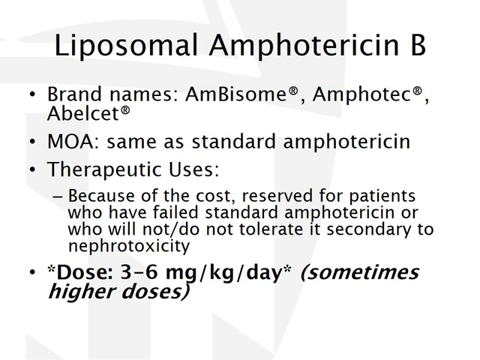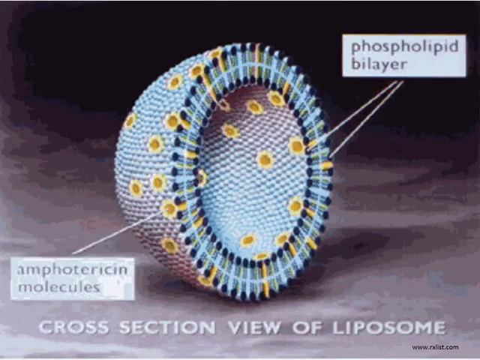So for those patients, they might just get the liposomal form from the get-go. As I mentioned, the dose is higher. The typical dose range is 3 to 6 milligrams per kilo per day. However, sometimes higher doses are used. But for our purposes, definitely know that the dose range is 3 to 6 milligrams per kilo per day.